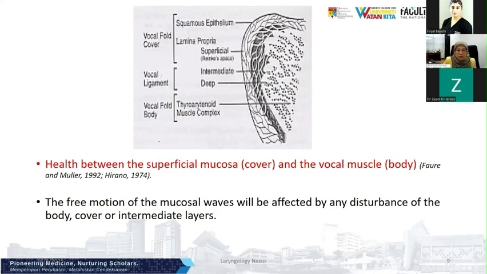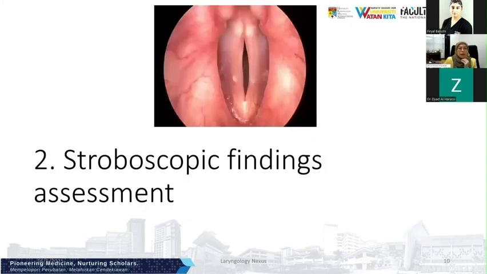Because by examining the vibration, it tells you the health between the epithelium and the body, and also the vocal ligament. So any insult in one of the layers of the vocal fold will affect the vibration. Now, let us see this mucosal wave, which is depicted on stroboscopic examination.